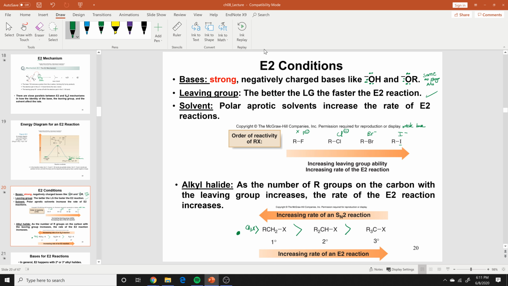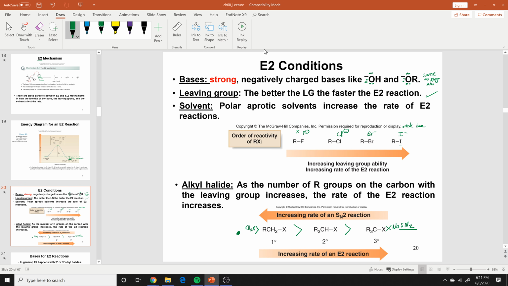Now with elimination, no. With elimination, the rate of the reaction increases when the degree of substitution around the alkyl halide increases.